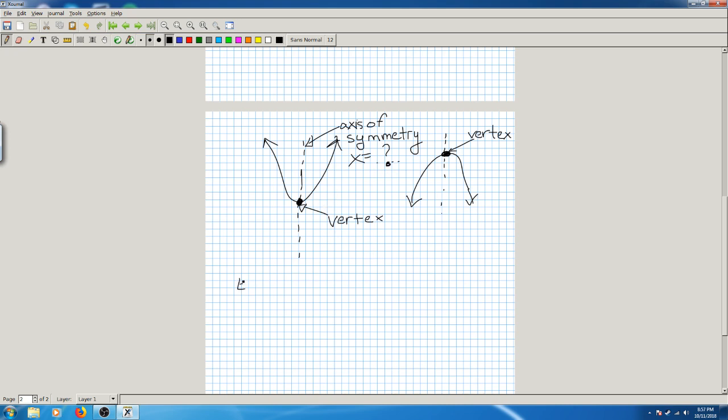So for example, if the vertex of a parabola is 2, 3, then the axis of symmetry is x equal to 2. I take the x-coordinate of the vertex, punch it in, and I get the axis of symmetry. So the axis of symmetry is always x equal to a number.